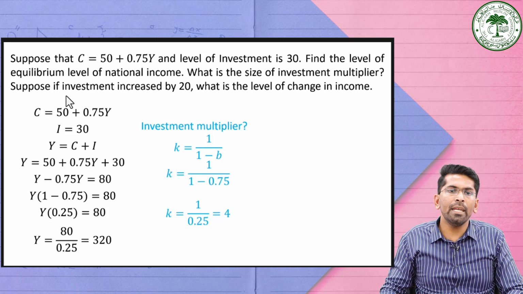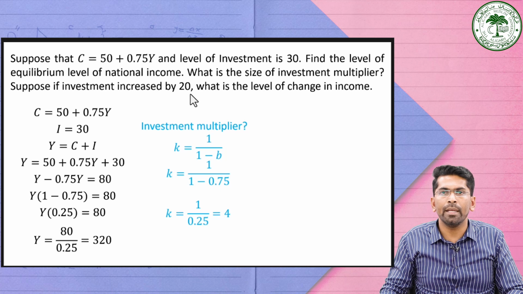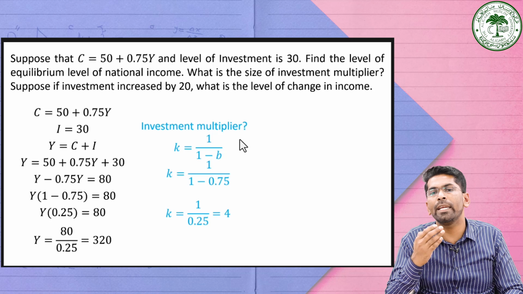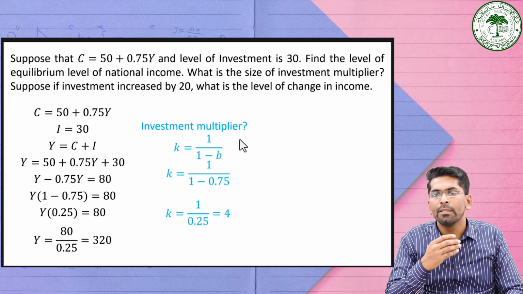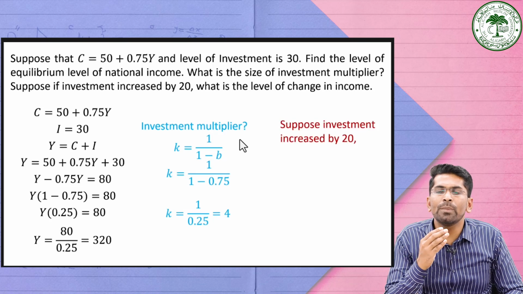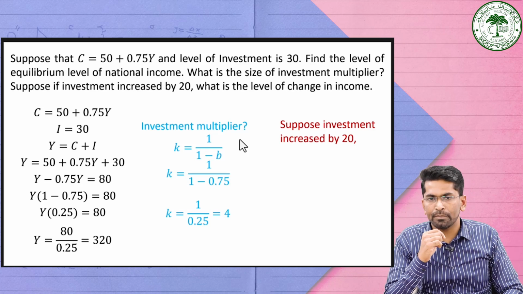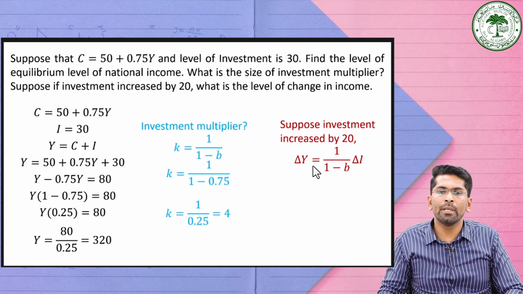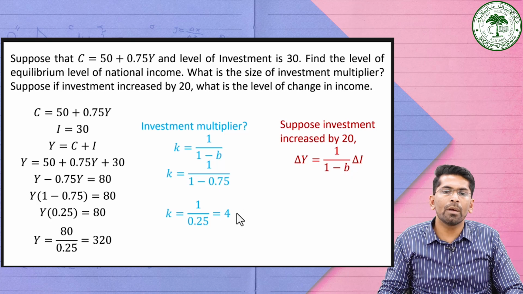Now see, if the investment is increased by 20, that is if delta I is equal to 20, then what will be the change in the level of income? As per our previous equation, delta Y is equal to 1 by 1 minus B into delta I. Delta I is already given, which is 20, and 1 by 1 minus B, which we have already calculated, is 4.